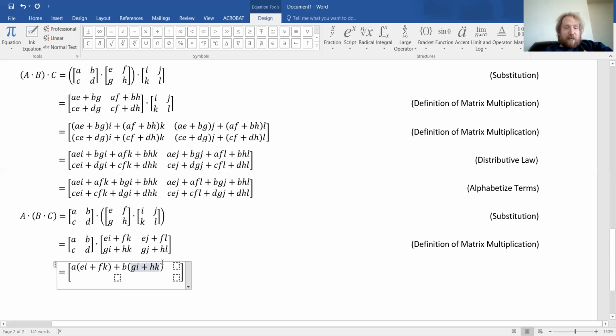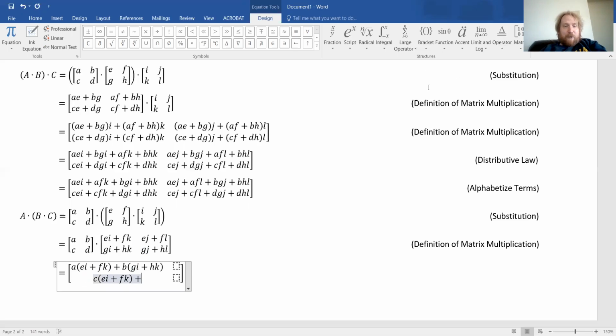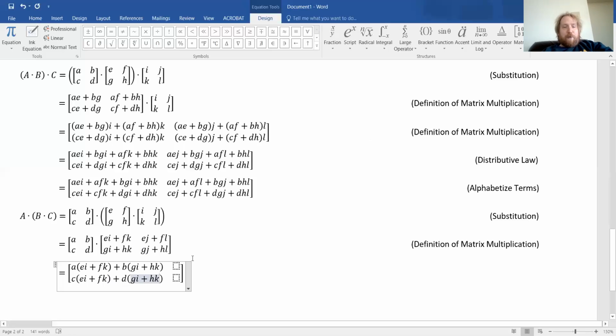And then down here, I get C times the quantity EI plus FK plus D times the quantity GI plus HK.